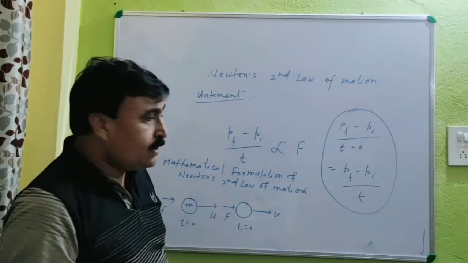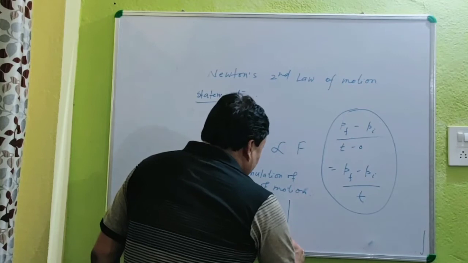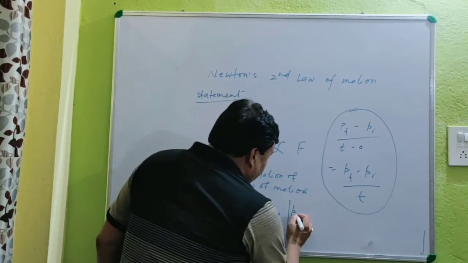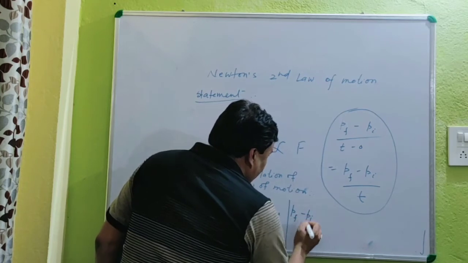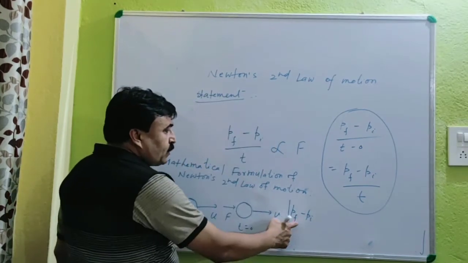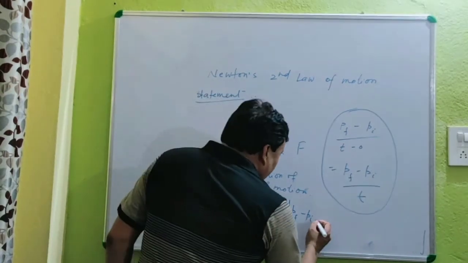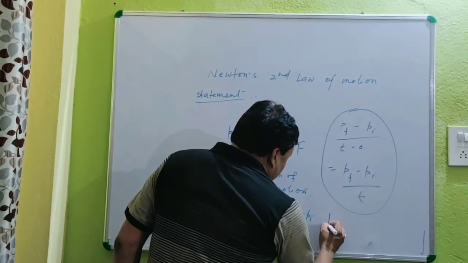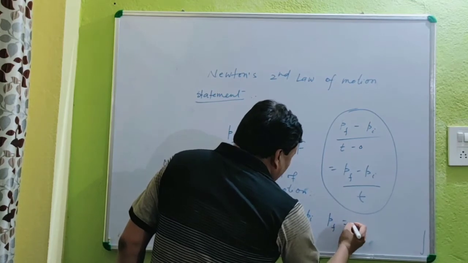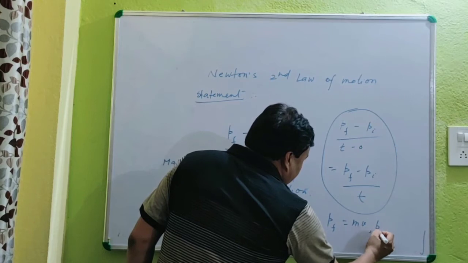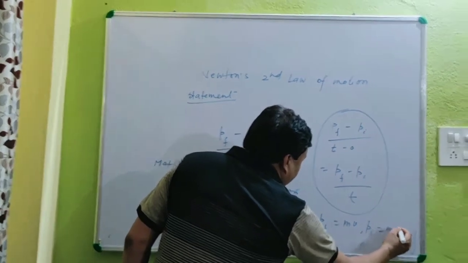From this figure we can write the change in momentum as Pf minus Pi, where Pf equal to mv and Pi equal to mu.